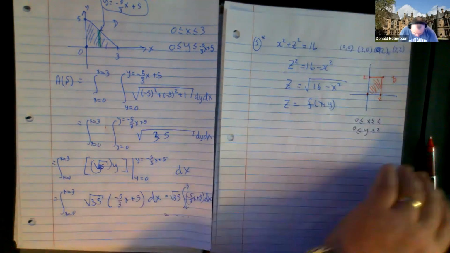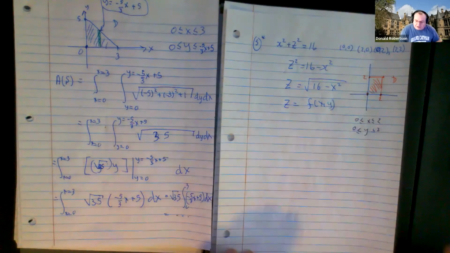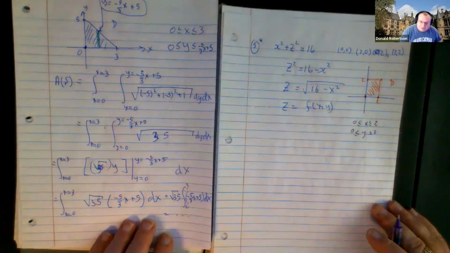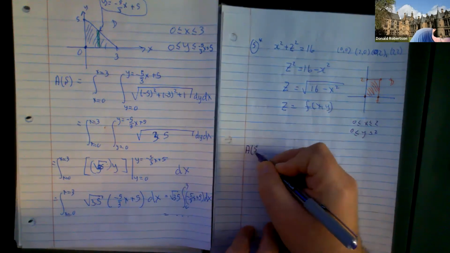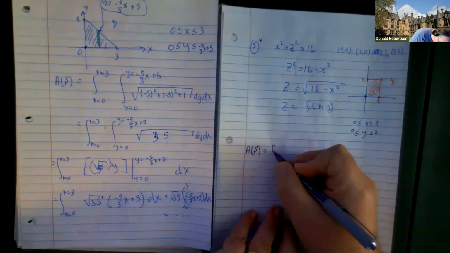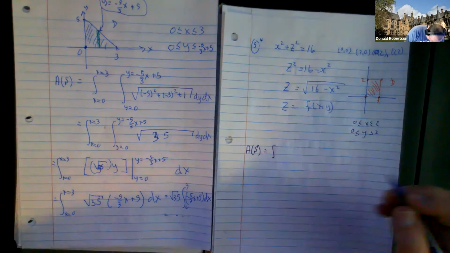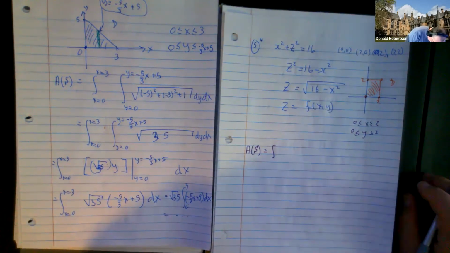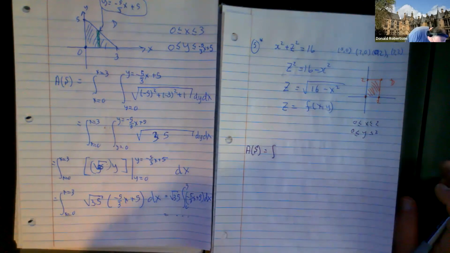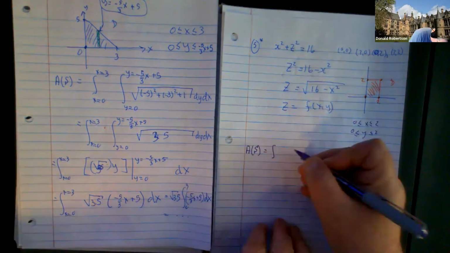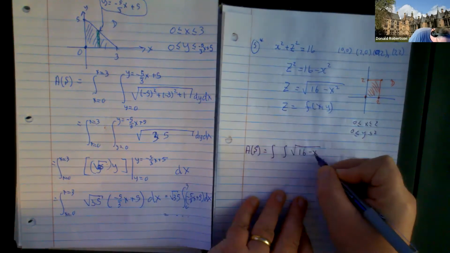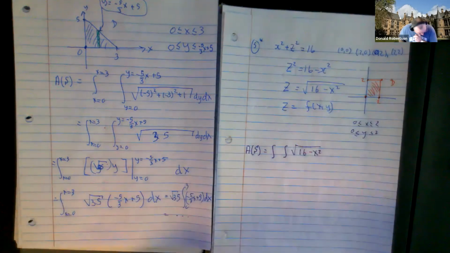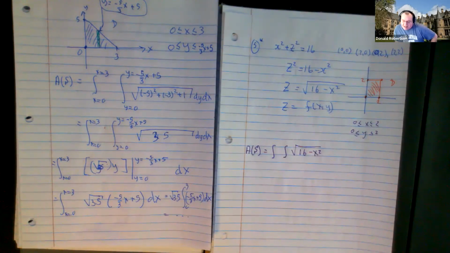They're not really a problem. It's probably going to be the integrating that's going to be the pain in the butt. So here goes. It's going to be the integral. I'll write down what my problem is. Should I do x first or should I do y first? That's my problem.